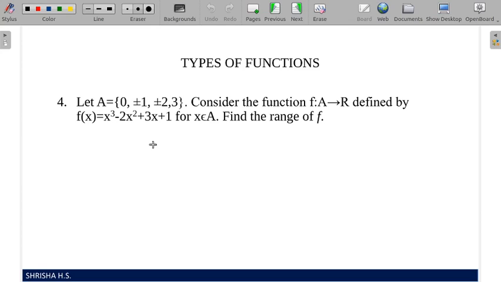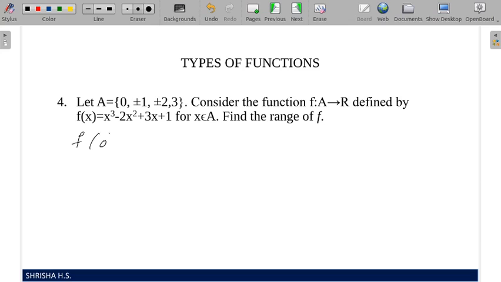Apply the function to every element of A, and whatever results you get, make a set out of it, and that will be the range of f. So what we have to do is find f of 0, f of 1, f of minus 1, f of 2, f of minus 2, and f of 3. That will be our first requirement. Okay, so let's do that one.